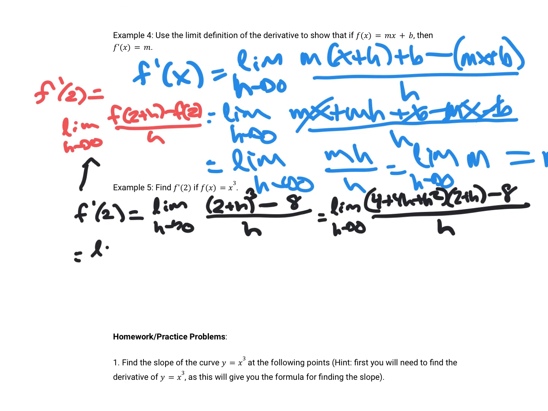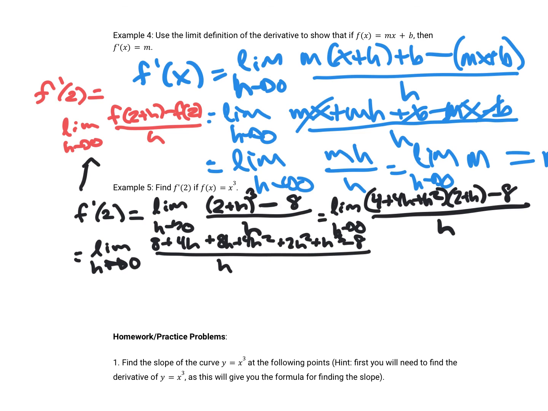Okay, so this is going to be equal to the limit as h goes to 0 of, let's see, 8 plus 4h plus 8h plus 4h squared plus 2h squared plus h cubed minus 8 all over h. So this is the limit as h goes to 0. So we've got the 8s going away.